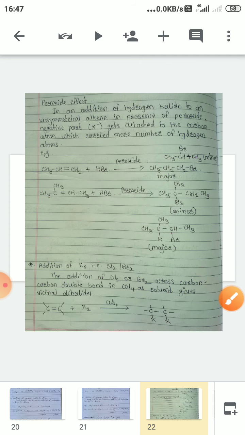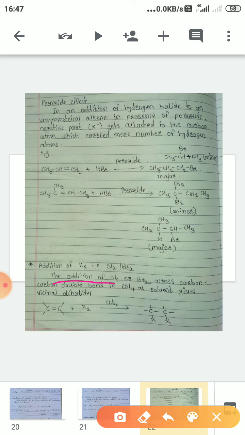See, the addition of Cl2 or Br2 across a carbon-carbon double bond in CCl4, carbon tetrachloride, as a solvent gives vicinal dihalides. That is, one halogen atom gets attached to one carbon atom while the second halogen atom gets attached to the adjacent carbon atom, and we will get vicinal dihalides.